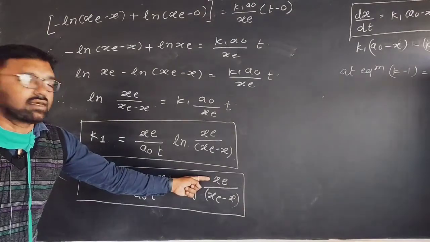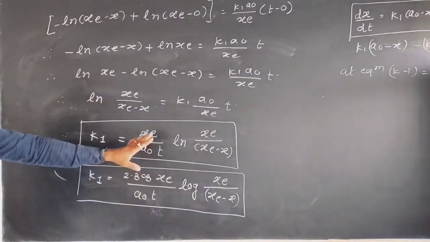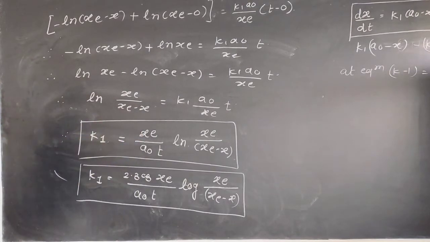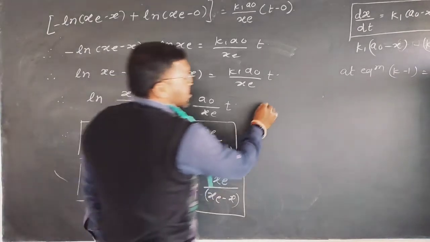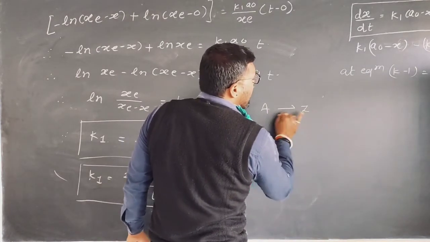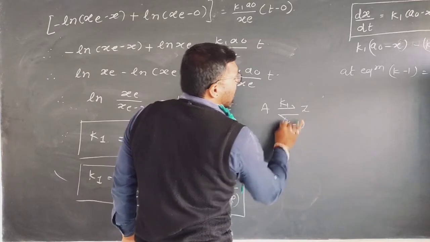Xe is found directly from the reaction by knowing the concentration. K1 is the rate constant for the forward reaction. We have the reaction A gives product Z and Z gives product A with rate constants K1 and K minus 1.